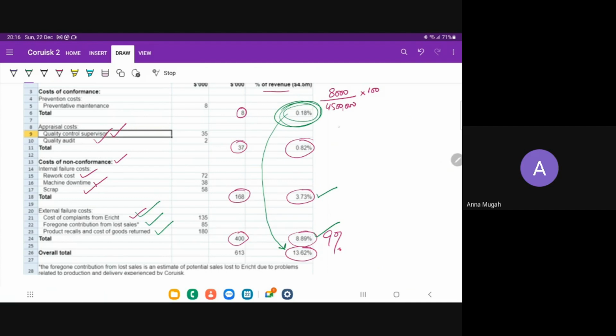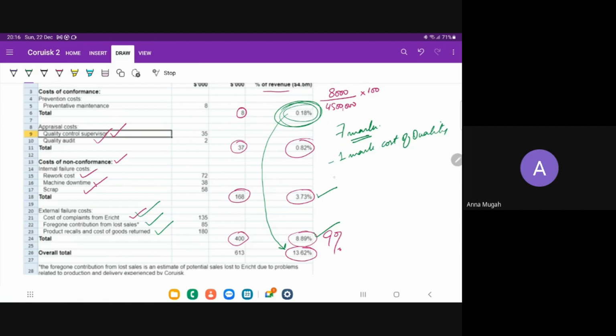So if this question is of 7 marks, you can start with 1 mark for the basic definition of cost of quality. What do you mean by cost of quality? Cost of quality means the cost which the company is bearing in order to make the product a good quality product.